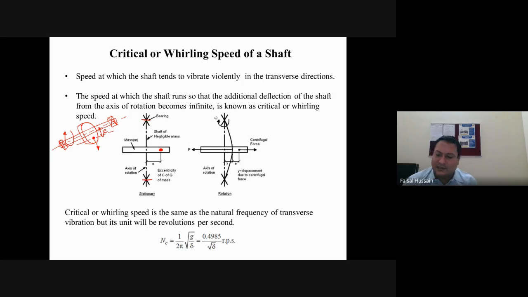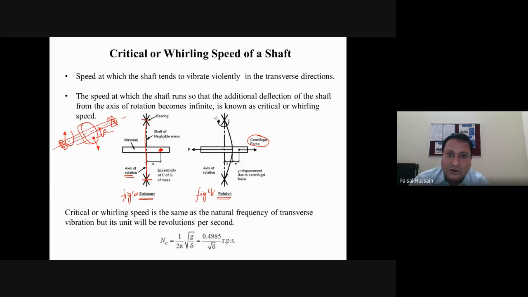So in these two figures, in figure A, this is your stationary condition, this is the axis of rotation of shaft, and this is your eccentricity, and they are displaced by E. In figure B, when the shaft tends to rotate, you can find that from this axis, the eccentricity was E. Now, because of this eccentricity, centrifugal force is created towards the eccentricity side, and the shaft tends to move towards that eccentricity side.